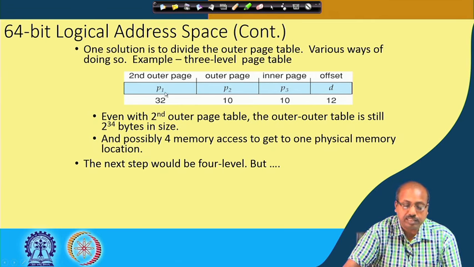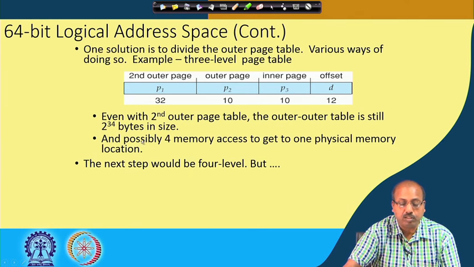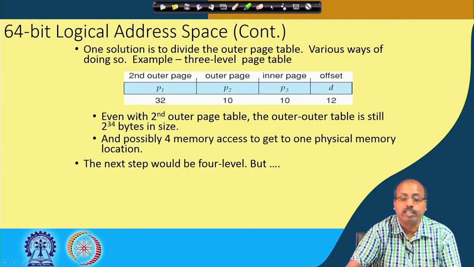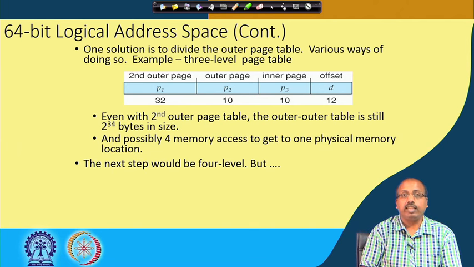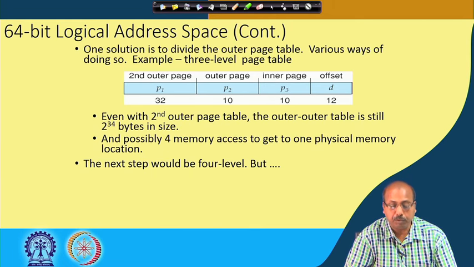Even with this, the second outer page table still contains 2 power 34 bytes, because there are 2 power 32 entries and each entry is 4 byte. So, possibly 4 memory accesses are needed to get to one physical memory access.